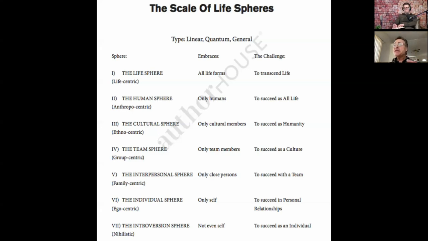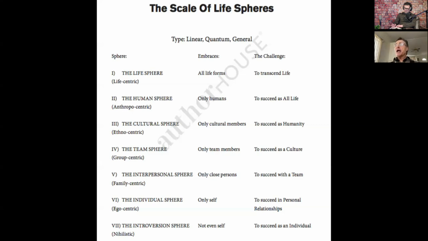So this is a guy who loves people, gets along with people, wants to further people, but he goes hunting and he shoots a deer, and it becomes venison for him. See, so that's not part of his sphere. Then you get up to level 1, life-centric, the life sphere. This person embraces all life forms. So this is somebody who would be concerned about animals and plants.